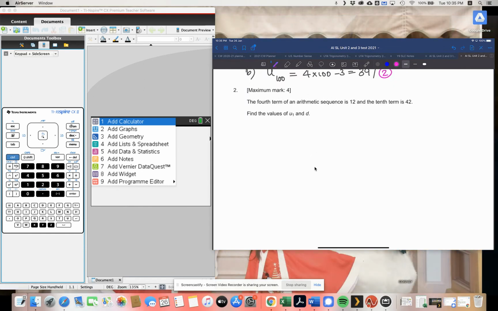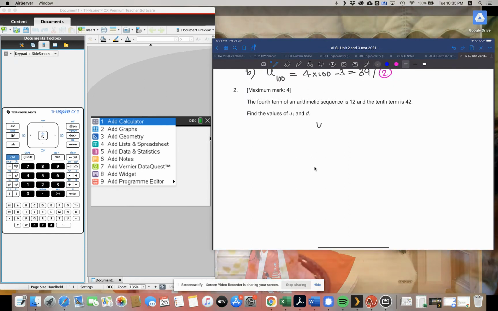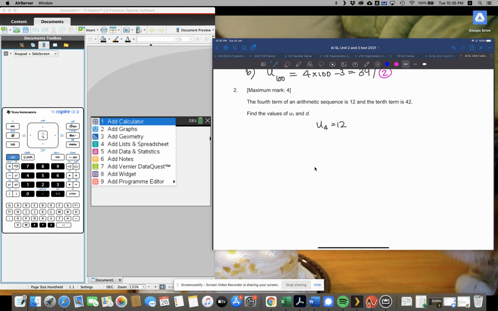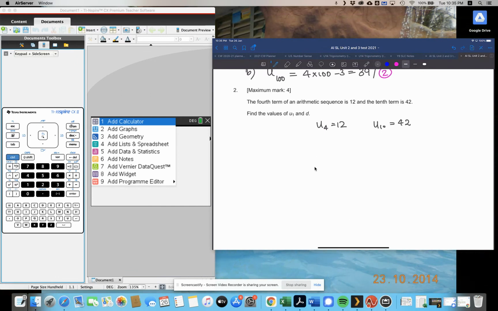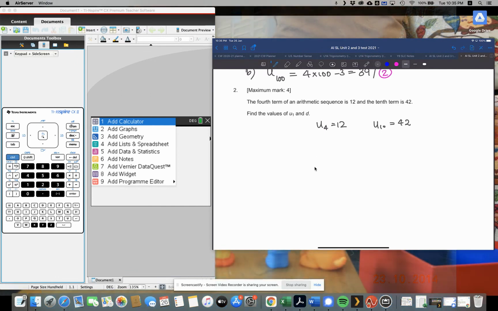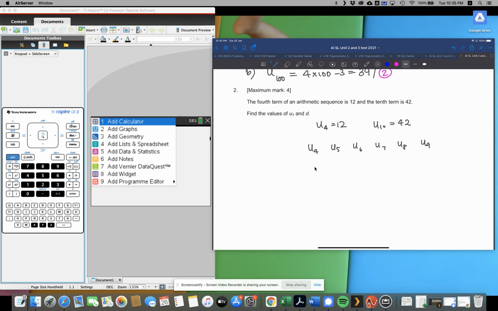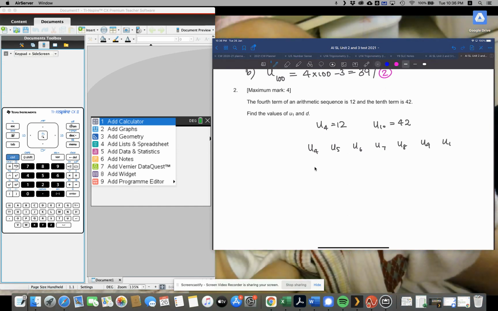Question 2. The fourth term of an arithmetic sequence is 12, and the 10th term is 42. So in between term 4 to term 10, there is term 5, term 6, term 7, term 8, term 9, and term 10.